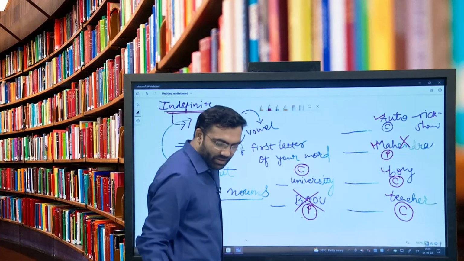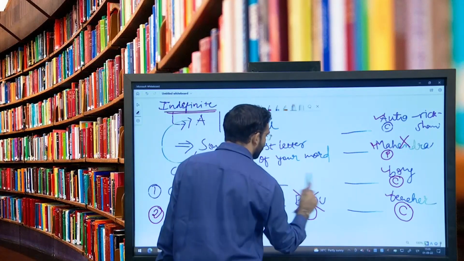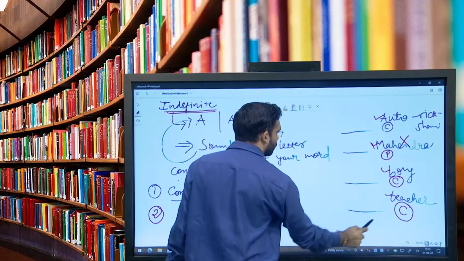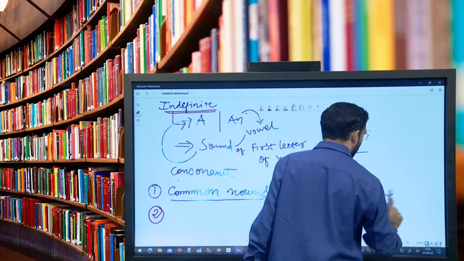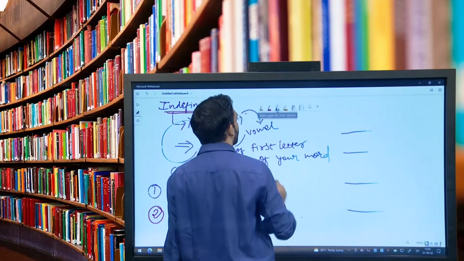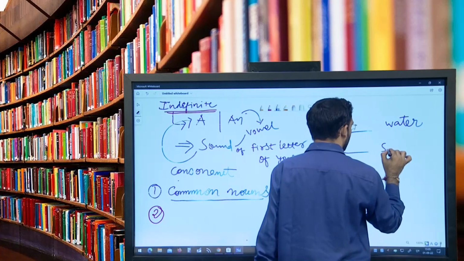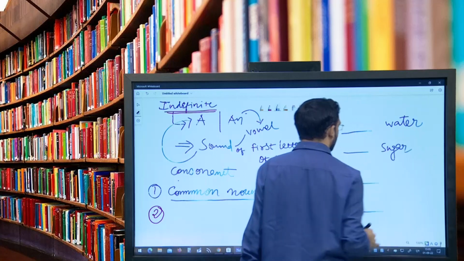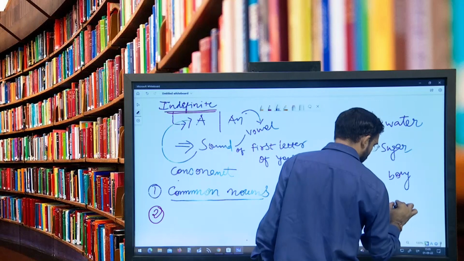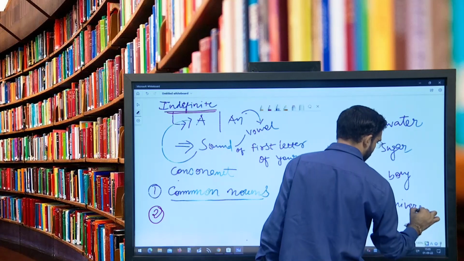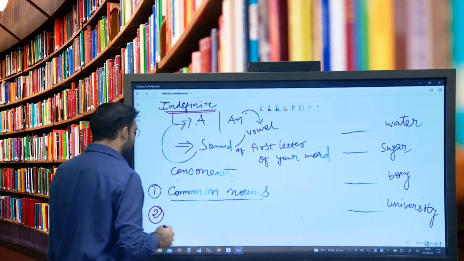Now, we will be learning the second condition. What is the second condition?